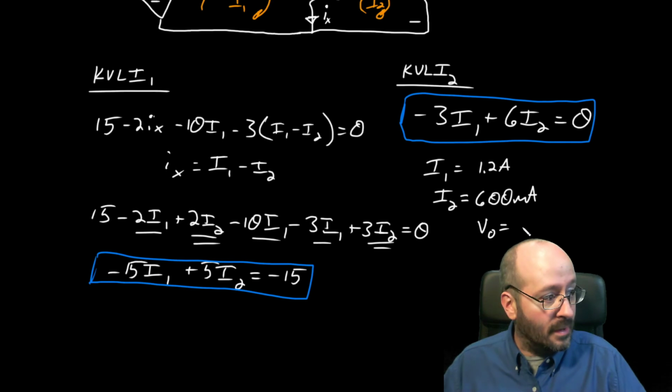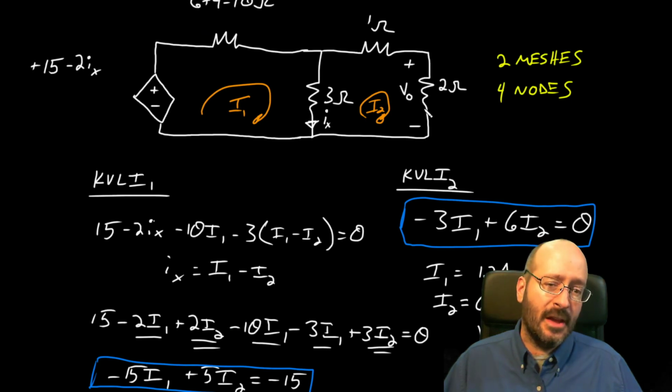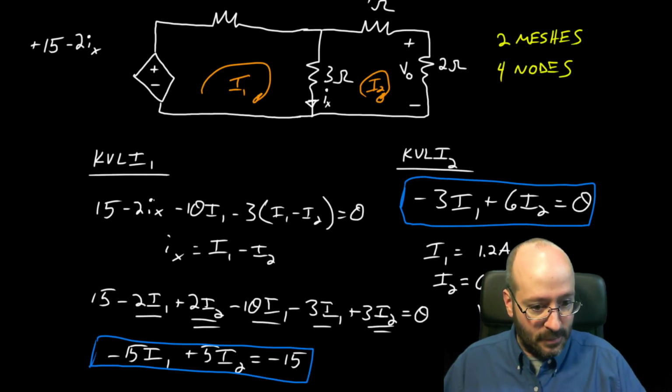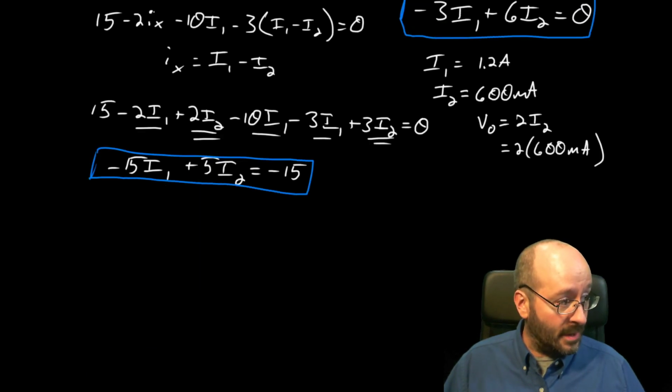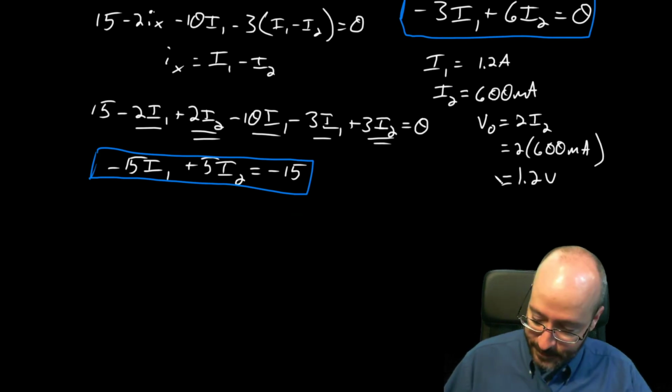V out is equal to 2 times I2. I2 is the only current that touches it. It flows in the positive direction, and then we multiply it by the resistance. So 2 times I2, plugging in the values, 2 times 600 milliamps. And we get a voltage of 1.2 volts.